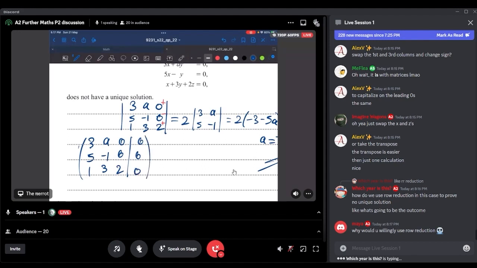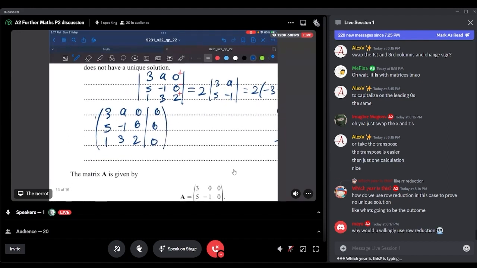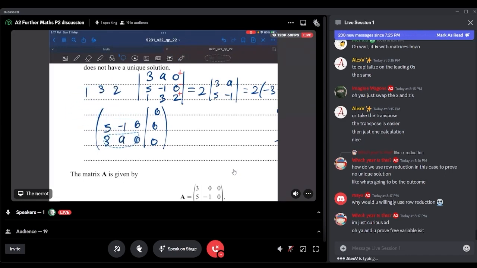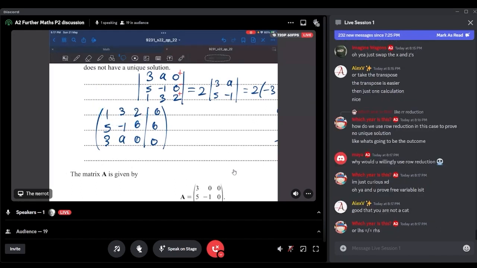The point of row reduction is you're going to make the lower triangle 0. This is 0, 0, 0 here. That would be easier if you just switch the bottom with the top one here. Actually it doesn't matter.